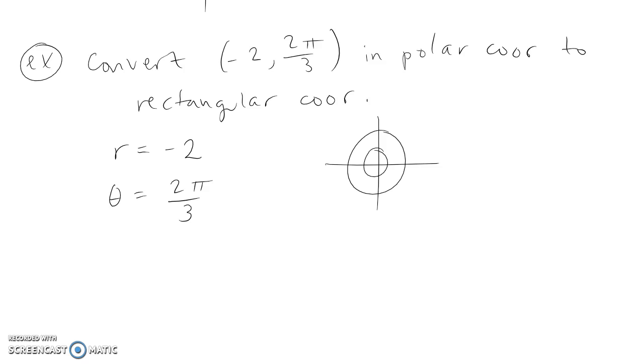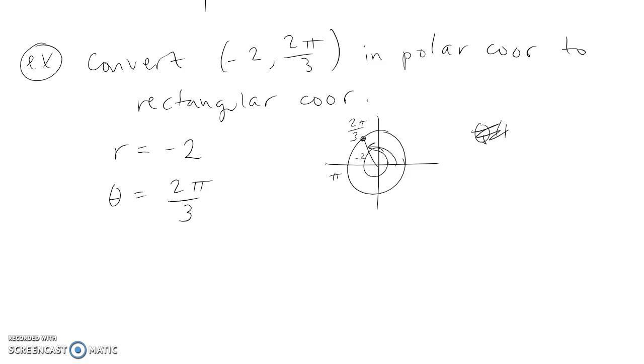So let's think about where 2 pi over 3 is. Well, pi here would be 3 pi over 3. So 2 pi over 3 is this angle right here, and our radius is a length of 2. And it's actually negative 2.